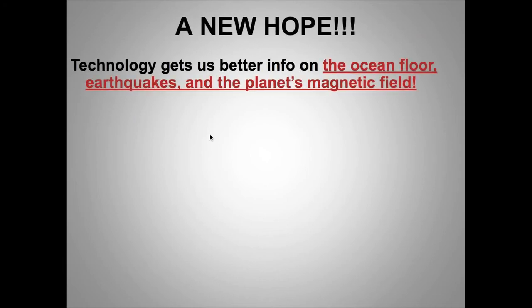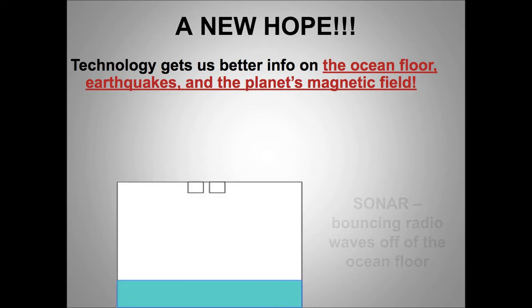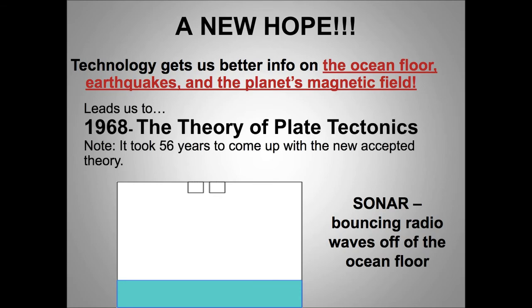So our boy Wegener dies, unfortunately, by himself. He's kind of a joke to the whole scientific community. But over a few decades after his death, technology improves. We start to be able to look at the ocean floor a little more in detail. We get to look at where earthquakes are occurring, the magnetic field.